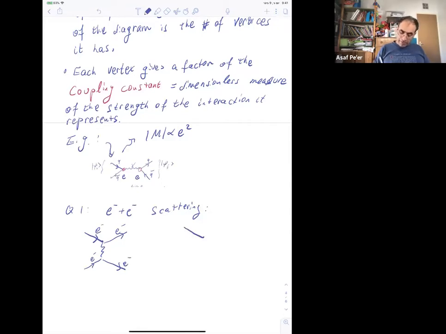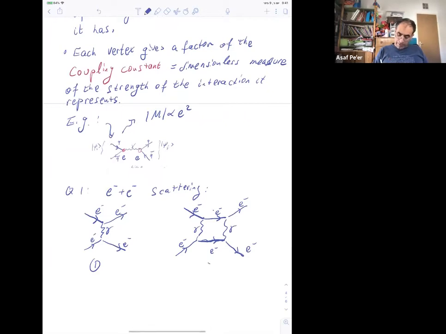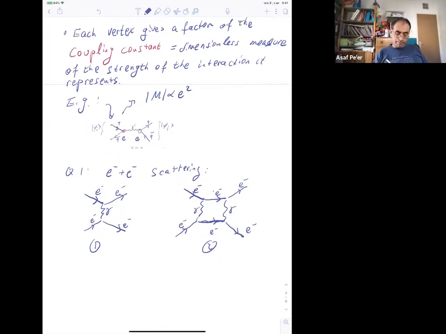But we also have a diagram which has an exchange of two photons. So let's call this diagram number one and this diagram number two. What's the ratio between the contribution to the amplitudes?